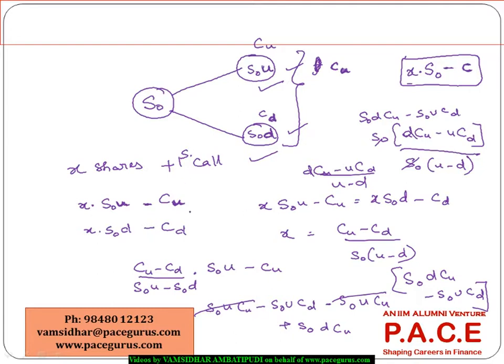Or probably without simplifying it, let me put it in this way. The worth of the portfolio was X number of shares, taken as X S naught U minus CU. This we have equated to X S naught D minus CD.